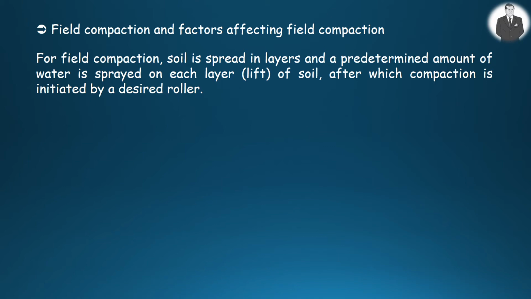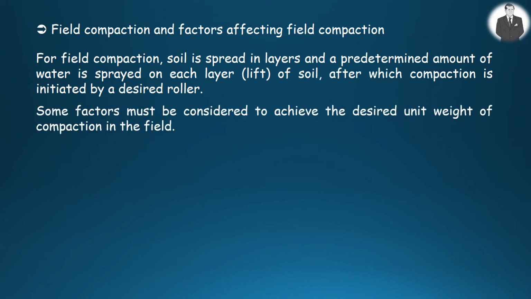For the compaction in field, soil is spread in layers and a prearranged amount of water is sprinkled on each layer of soil. Thereafter, compaction is launched by a selected roller. Some factors must be taken into account to accomplish the desired unit weight of compaction in the field.